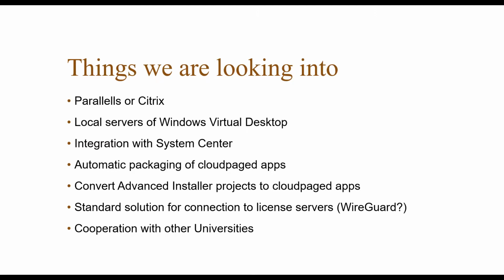It could be something maybe based on WireGuard, which is a VPN protocol, or just as SSH tunneling or something like that. I think it would be really nice. We're looking into something that we could just add to the apps before we publish them. So when you run that app, you will have access to the license server in some way, in a secure way.